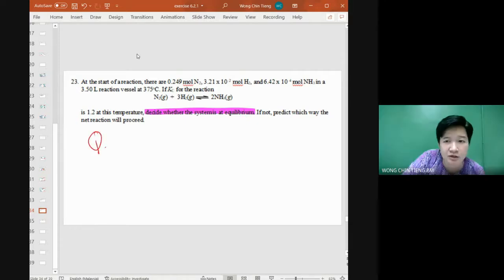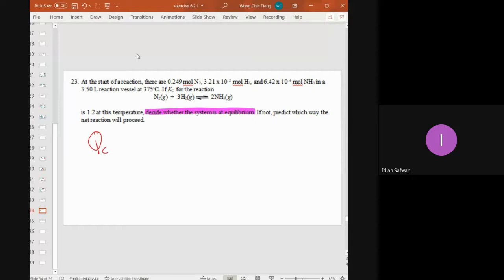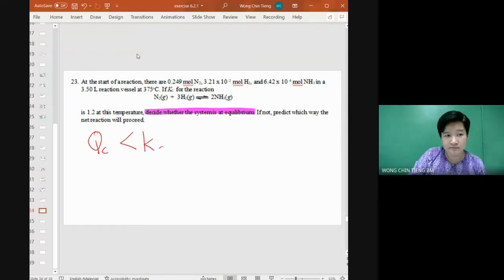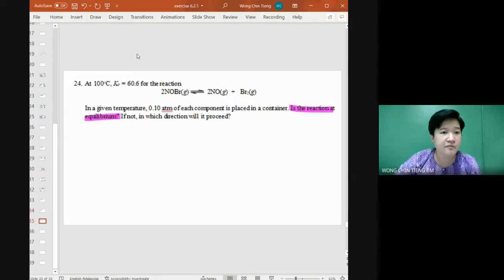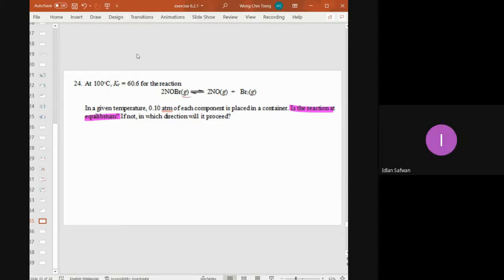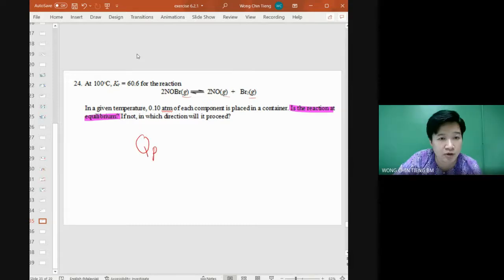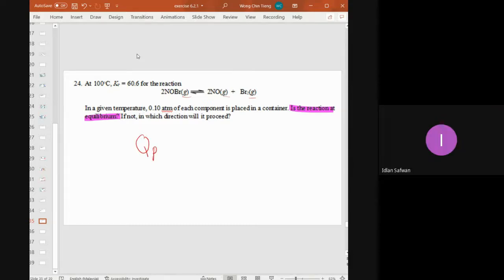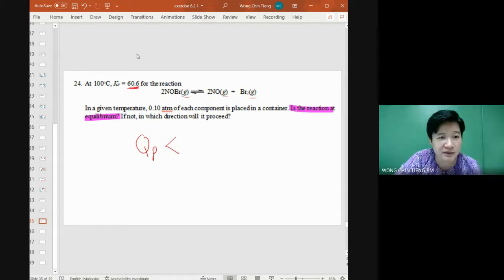Bigger or smaller? Smaller. Okay, yang tak setuju bagi tahu soalan bagi KC. Okay, boleh. This one? Bigger or smaller? Smaller. Mesti smaller kot saya rasa. KP dia bagi sampai 60.6. Mesti smaller. Betul?